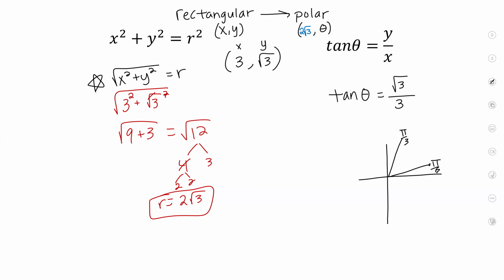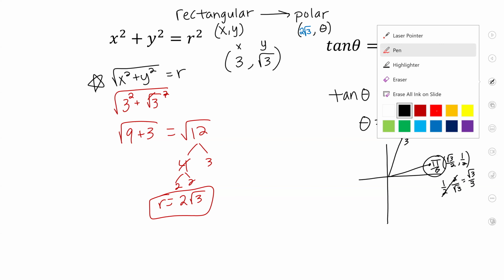And the coordinate at pi over 6 is square root of 3 over 2 and 1/2. So that means, let's see, this will be square root of 3 over 3. So it's this one, pi over 6. So that means theta is pi over 6.